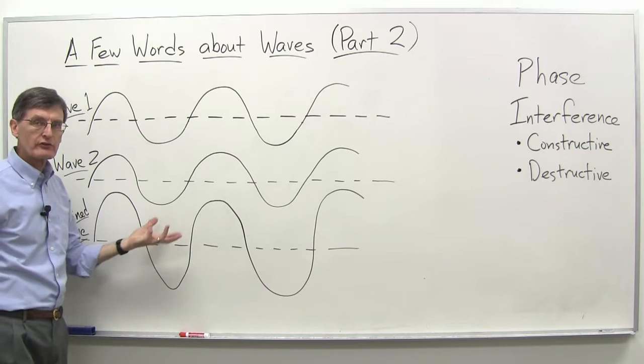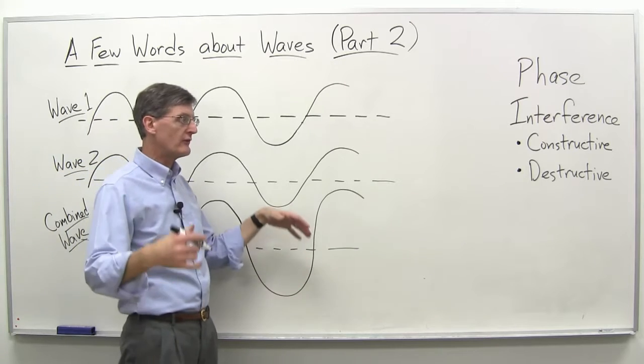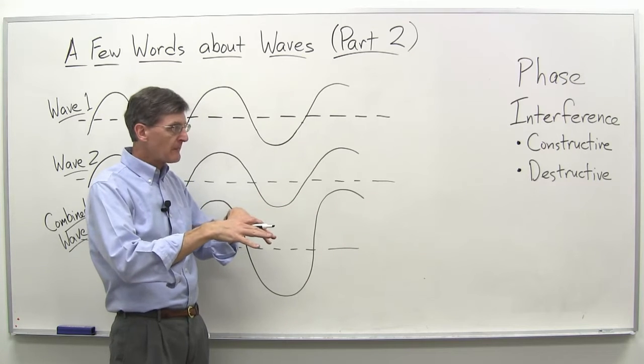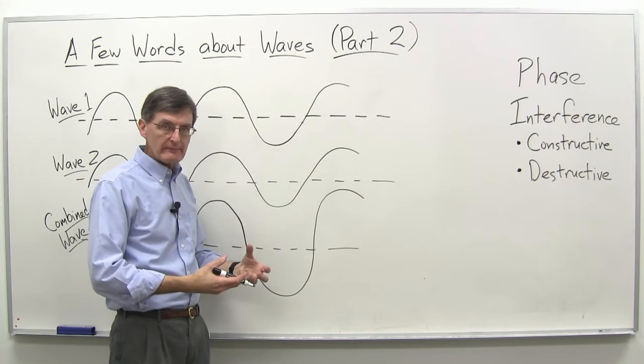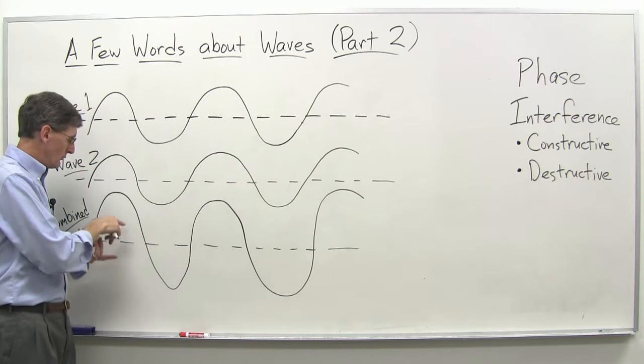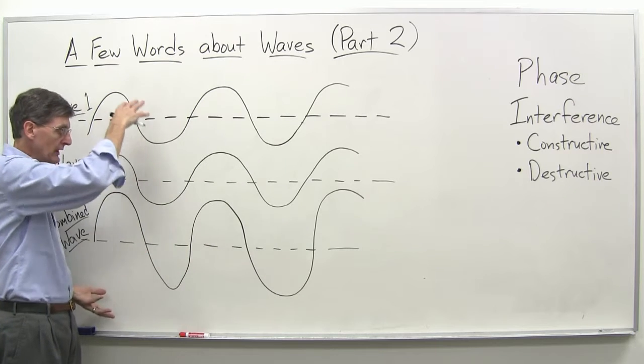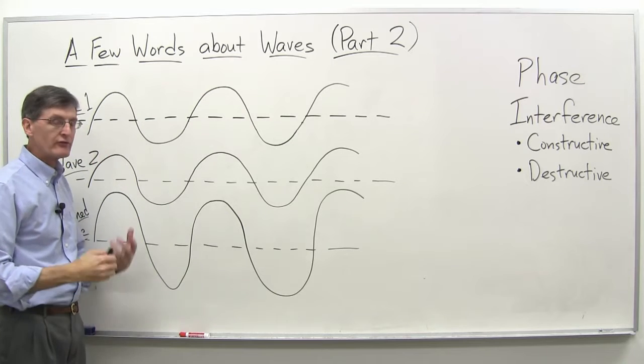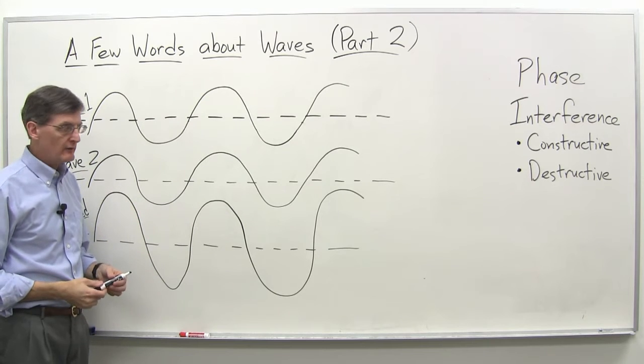And so this is known as constructive interference. The waves are interfering with each other, coming together, they're adding together, but they're doing it constructively. In other words, the peaks add, and you get bigger peaks, and the trough sections add as well, and you get deeper troughs that way. So that's known as constructive interference.